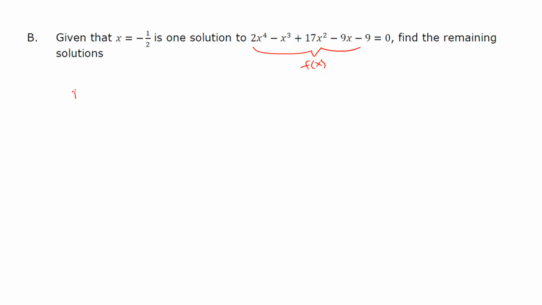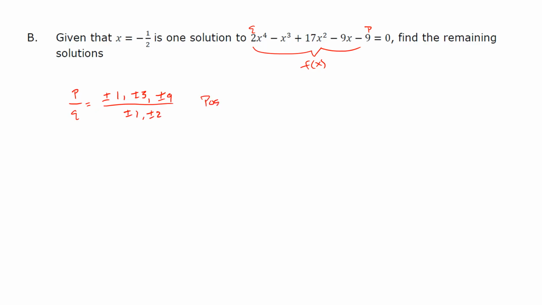So to find the possible zeros of f of x, where p is 9 and q is 2, the factors of p are 1, 3, and 9. The factors of q are 1 and 2.